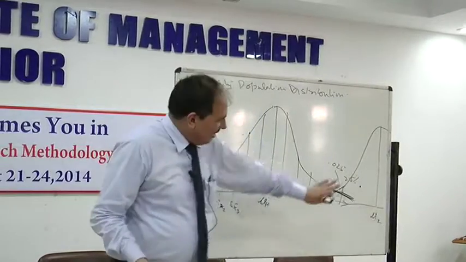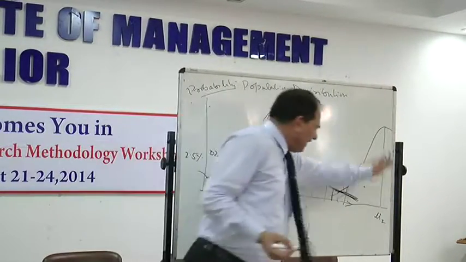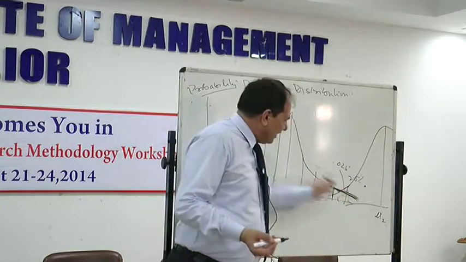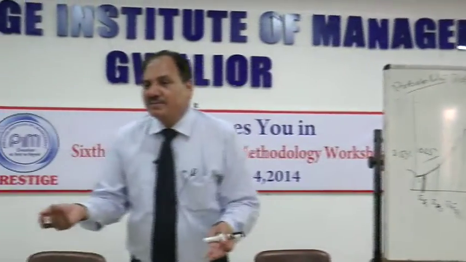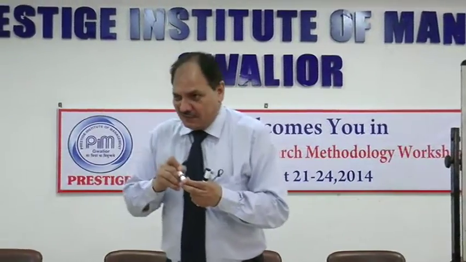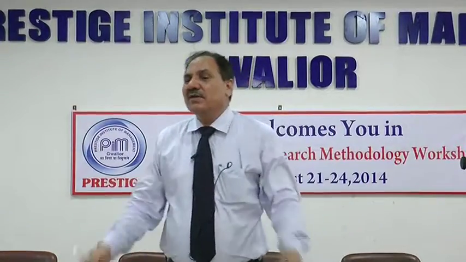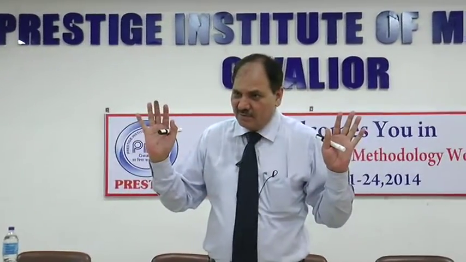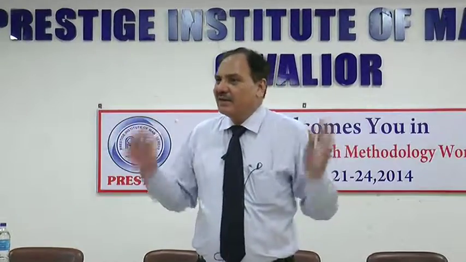This is the distribution, left side. This is the right side distribution coming. This is the left tail of the right side distribution, and this is the right tail of the left side distribution. I want to find out whether the two populations, male and female, differ in terms of, say, understanding of research methodology. I have collected data and I want to see whether they differ.